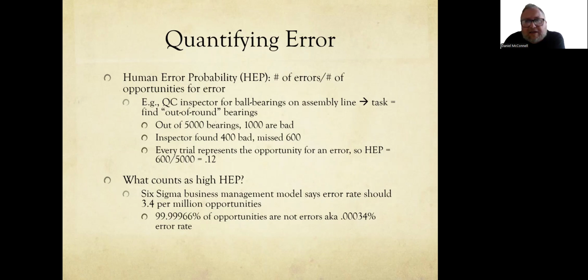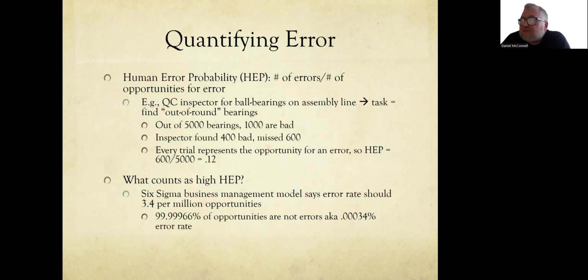Although this is only half of the picture, because one thing that this kind of assumes is that of the 400 bad bearings that our inspector has removed from this funnel, those were all correct identifications of bad ball bearings. And so the only mistake they have made is letting 600 bearings go through, calling them good.